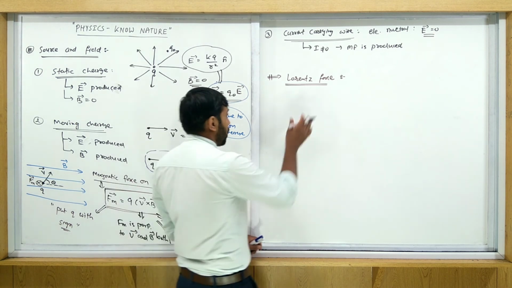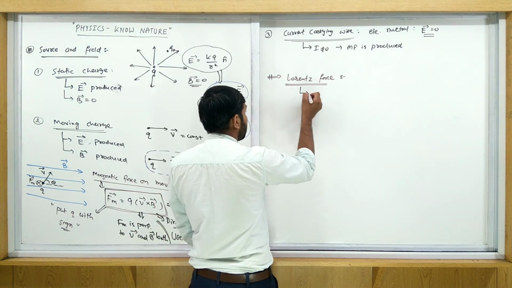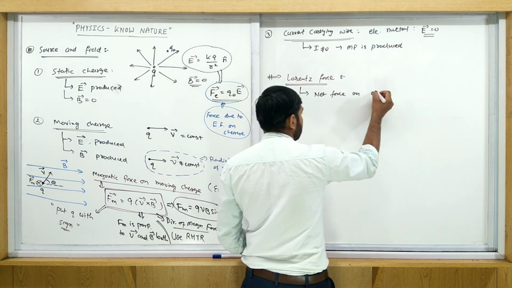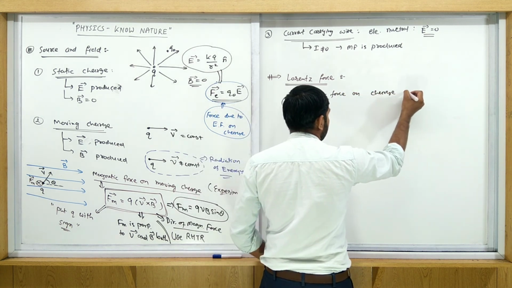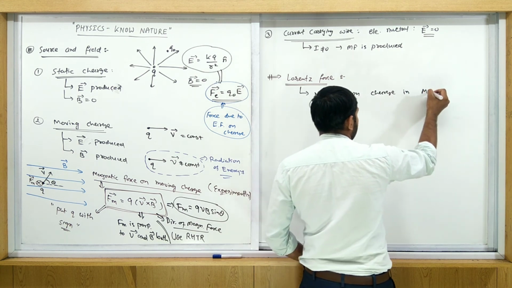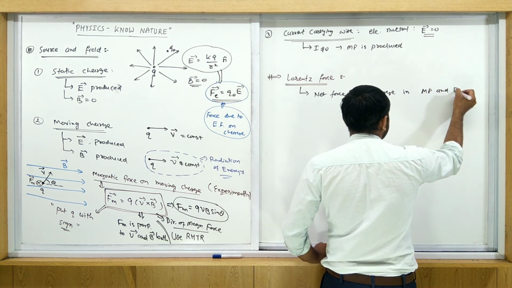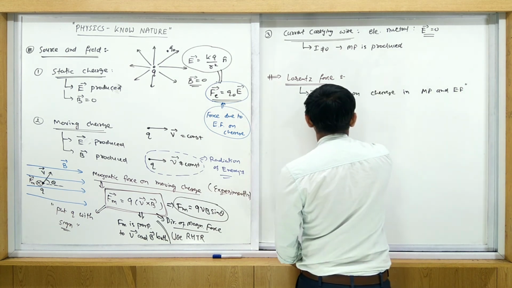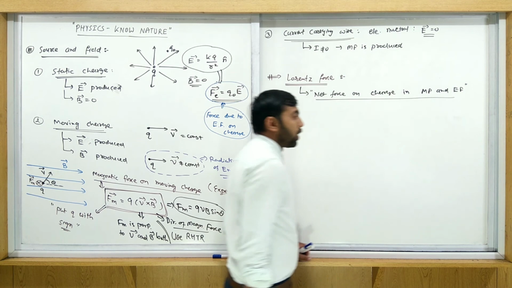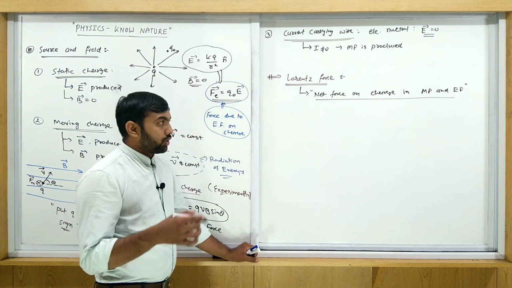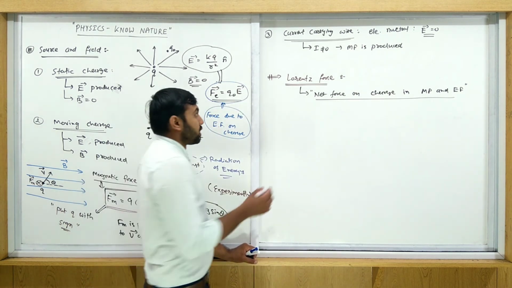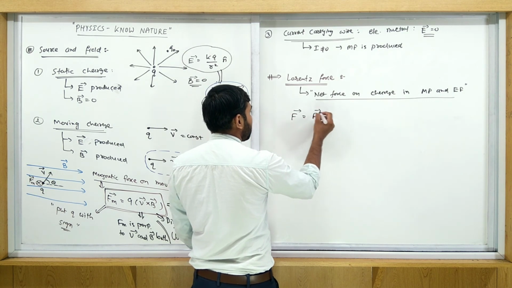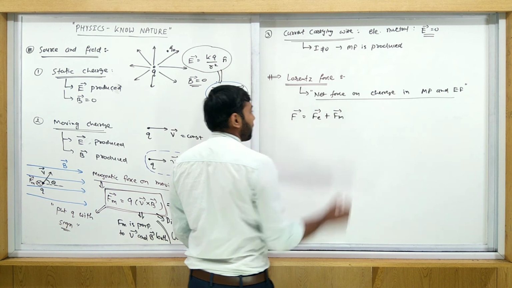The Lorentz force is the net force on a charge in a magnetic field and electric field. So the net force produced on a charge due to the magnetic field and electric field both is the Lorentz force. Suppose this is F, then F is equal to F electrical plus F magnetic.